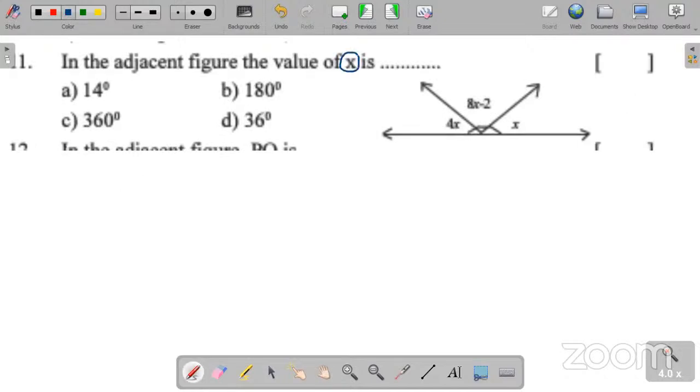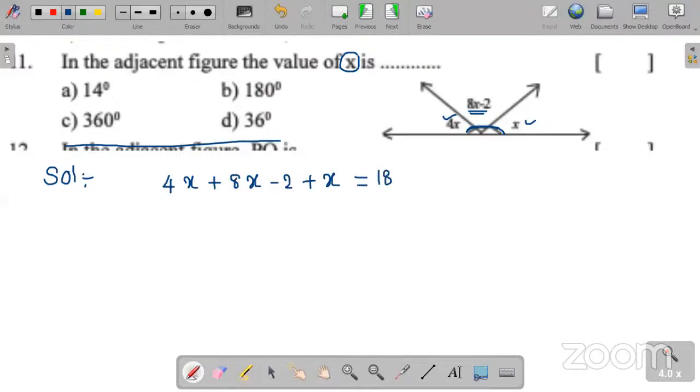For example, this angle is 8x minus 2, this angle is 4x, this angle is x. The sum of all these angles forms 180 degrees. That means you can write 4x plus 8x minus 2 plus x is equal to 180 degrees.